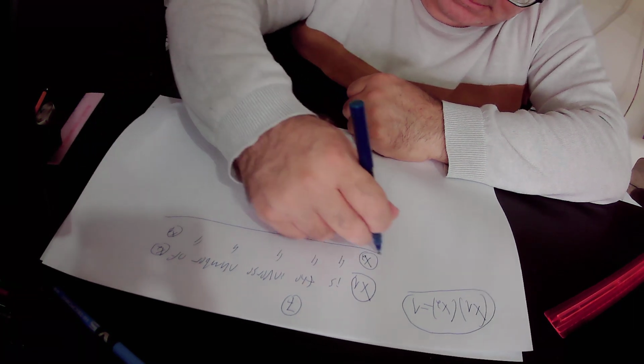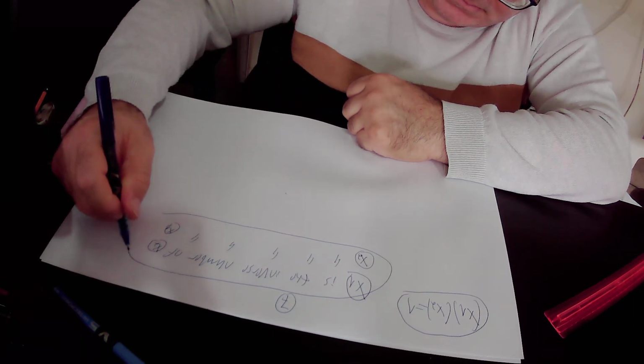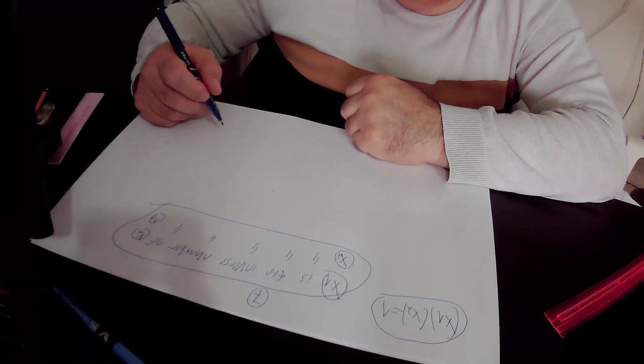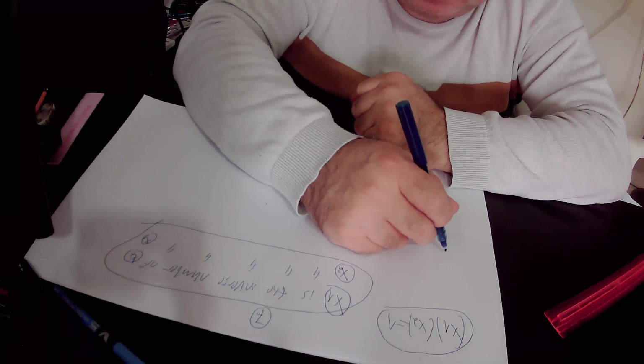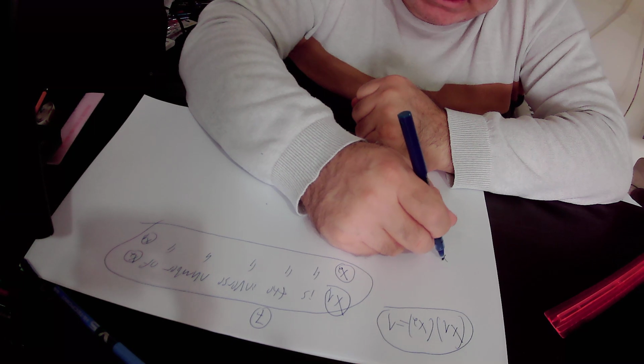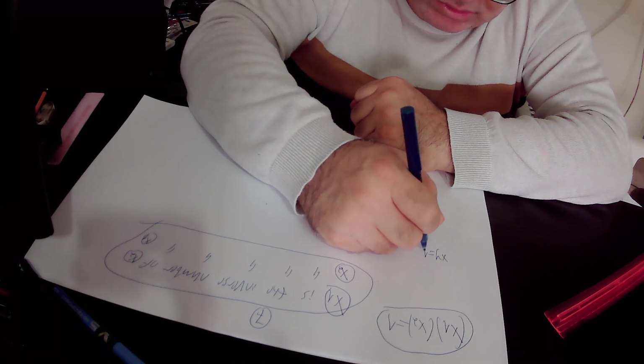Okay? But according to equation number 3, we already found out that x times y equals 1.